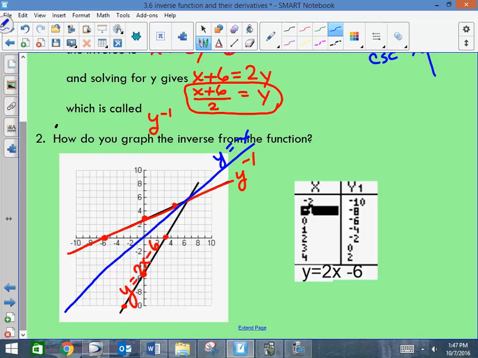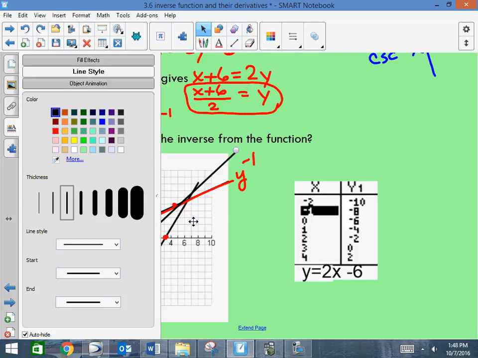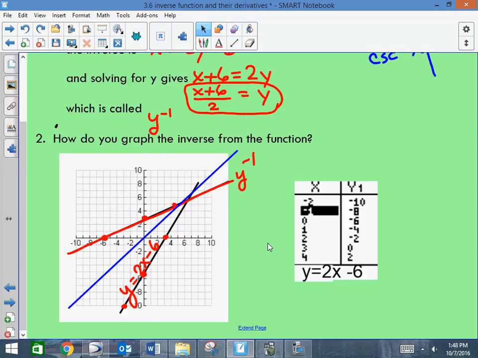It's a really bad line. Okay. So this is y equals x. If you take it and make that your fold, they cancel each other.